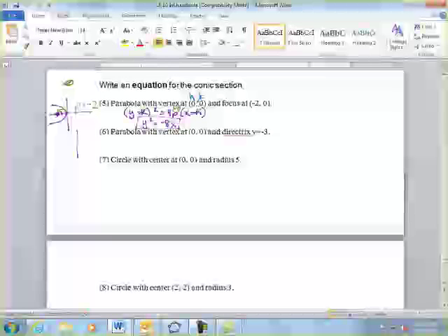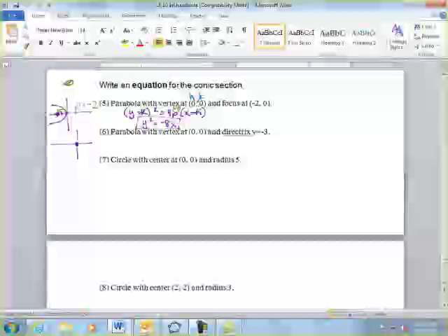For number 6, we have a vertex at 0, 0, and a directrix at y equals -3. So we need to know how to graph that line. The line y equals -3, is it a horizontal line or a vertical line? Vertical. Well, we are like split down the middle.